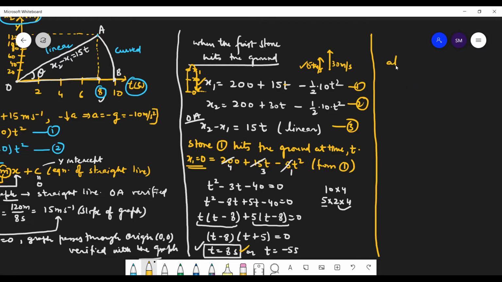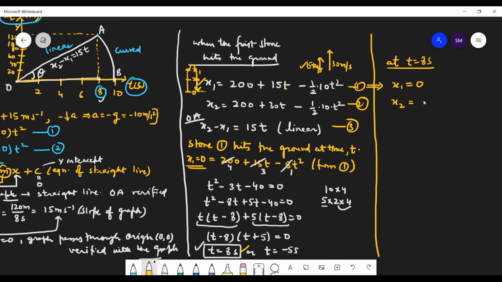So at t equals 8 seconds, from equation 1, rewrite equation 1. What do you get? x1 equals 0. What will x2 be equal to? You can find out where it was.